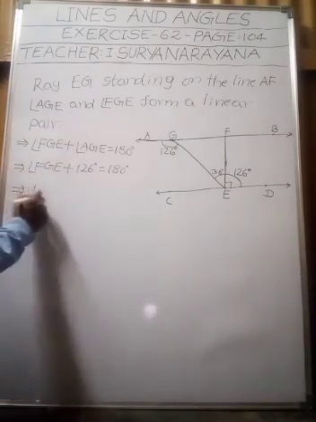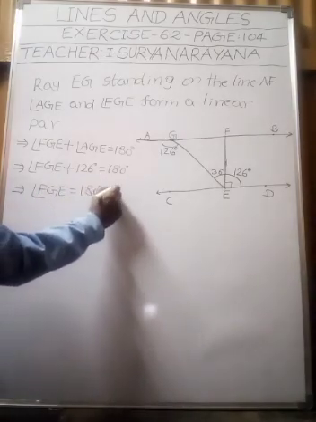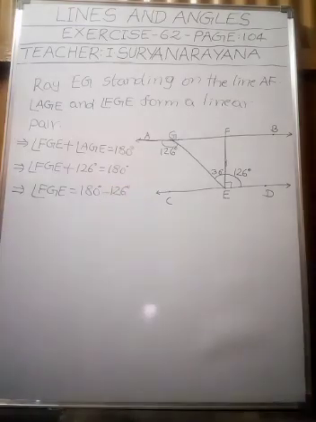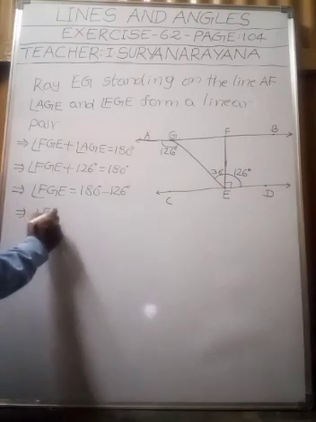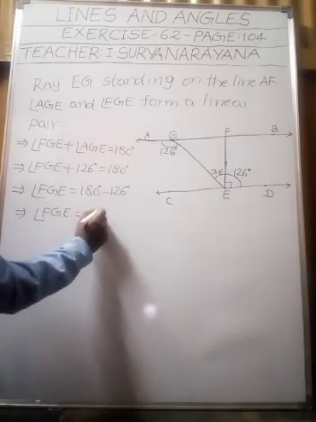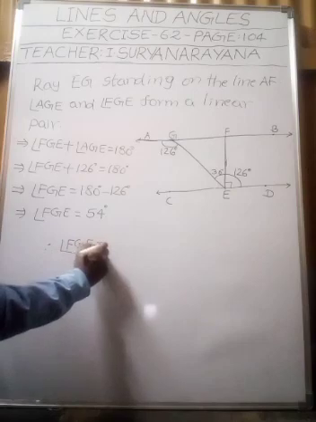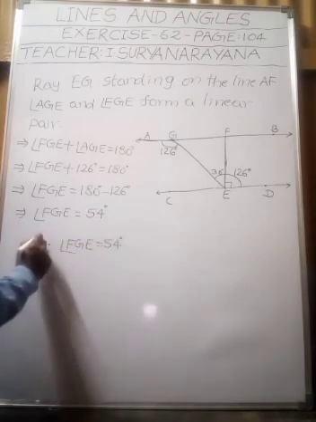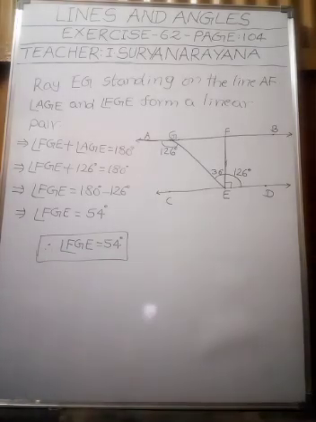This implies angle FGE is equal to 180 degrees minus 126 degrees. What will you get here? 54 degrees. Therefore, angle FGE is 54 degrees. This is the third part of the question. Understood, my dear children? We found all the three angles. Understood, my dear children? Right.